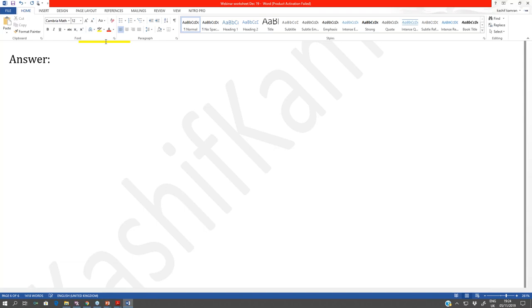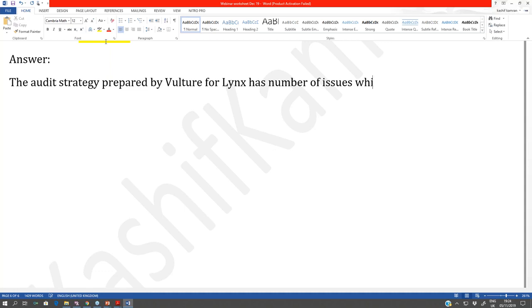Okay, let's see the answer. The audit strategy prepared by Vulture for Links has a number of issues which are evaluated as follows. So you're telling the examiner this.